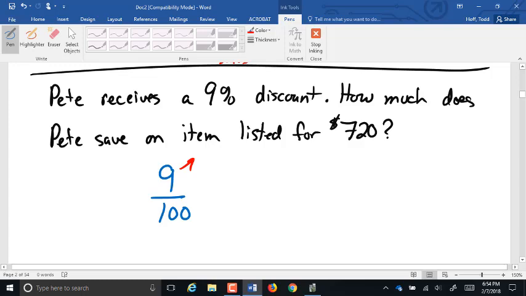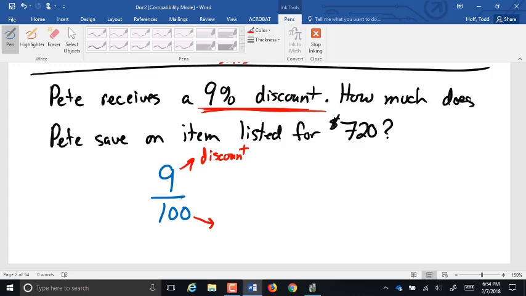What does the 9 represent? The discount. The 100, the base amount, well, what do we use to calculate the amount of the discount? That's the full price, right? Whatever the marked price or the full price is, you find that 9%, and that's what you're going to subtract from it.